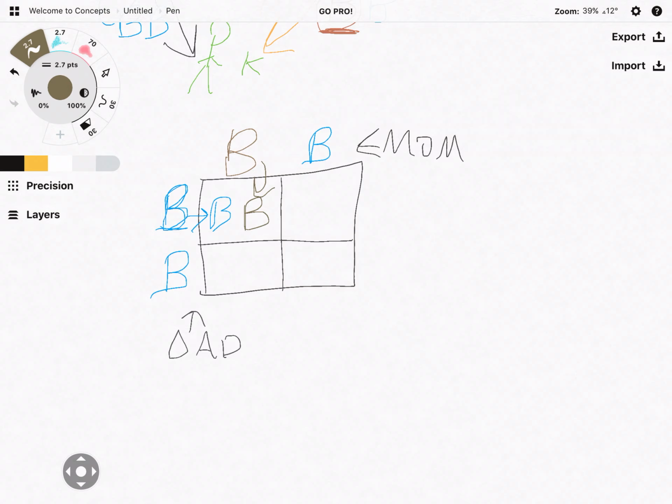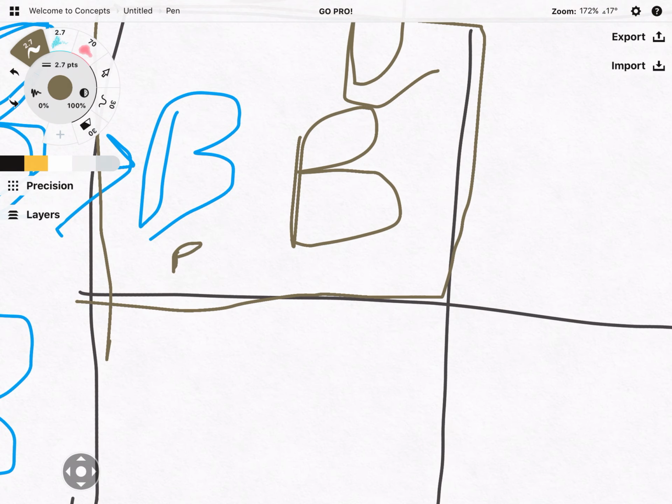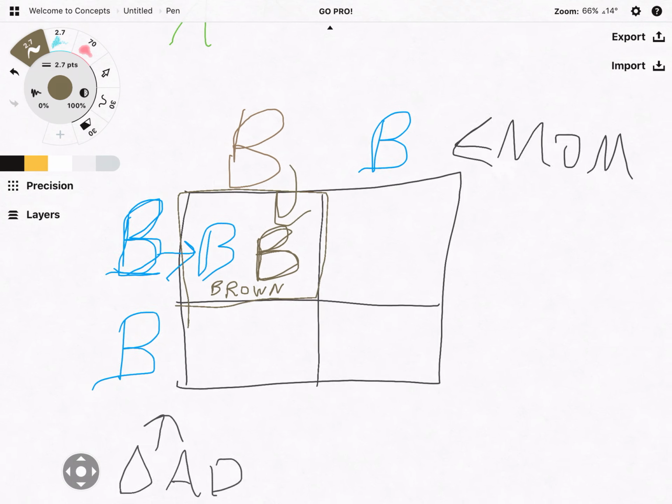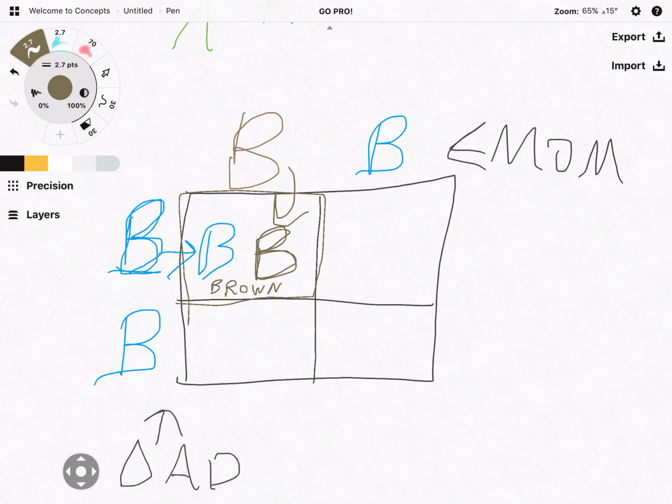So if this was the genes that the kid got, they would actually have brown eyes. So this would actually lead to brown eyes. Because remember, the brown gene is stronger than the blue gene. So if the mom and the dad have a kid, and the kid has one blue copy of the gene and one brown copy of the gene, it will get brown.